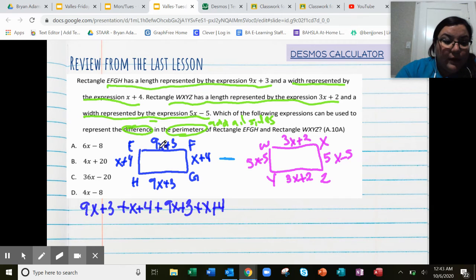I'm going to label my like terms here. Remember, a like term is anything that has the same letter. So I have the 9x, and then I look for, is there anything else that has an x? I see this plus x. Moving on, I see another plus 9x.